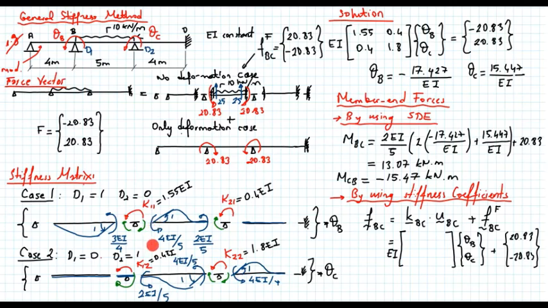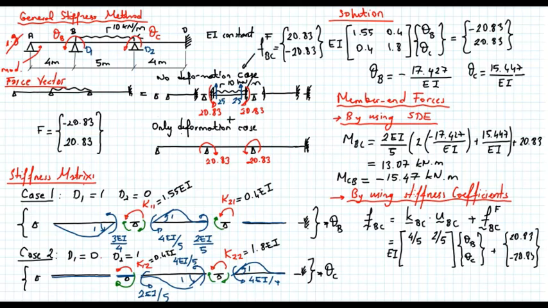When we have the effect of theta B, it creates a moment equal to 4EI over 5, so I get 4 over 5 here, plus the effect of theta C, which is equal to 2EI over 5 times theta C, meaning I have 2 over 5 here.